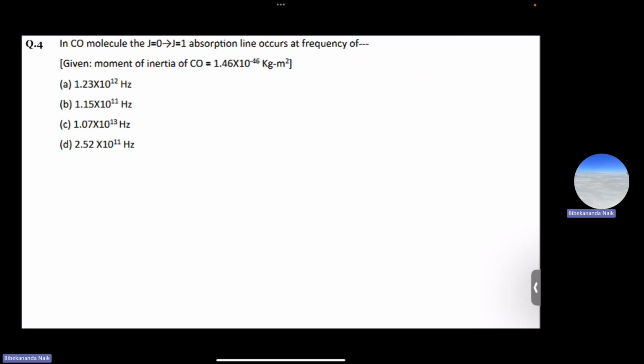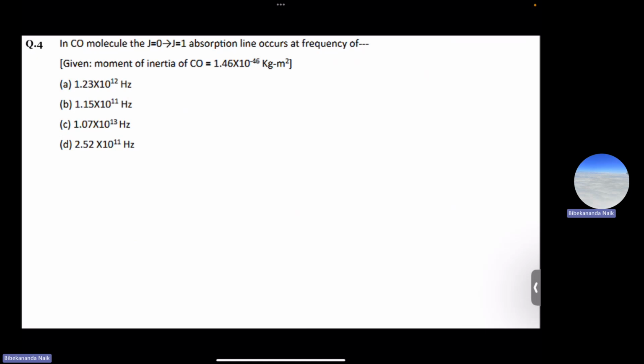Question number 4 says, in the carbon monoxide molecule, the J equals 0 to J equals 1 absorption line occurs at a frequency of: option A 1.23 times 10 to the 12 Hz, option B 1.15 times 10 to the 11 Hz, option C 1.07 times 10 to the 13 Hz, or option D 2.52 times 10 to the 11 Hz.